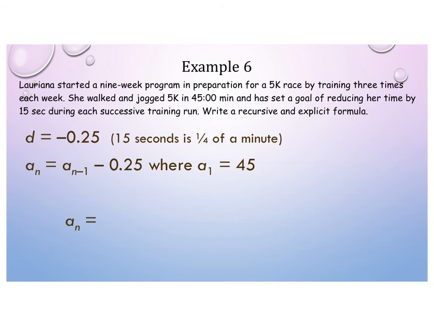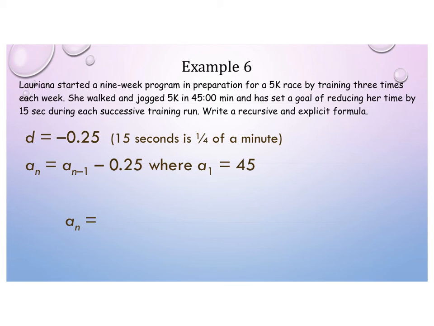All right. Loriana started a 9-week program in preparation for a 5K race by running 3 times each week. She walked and jogged 5K in 45 minutes and has set a goal of reducing her time by 15 seconds during each successive training run.